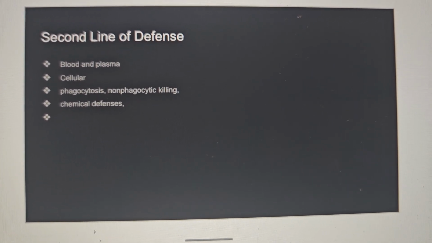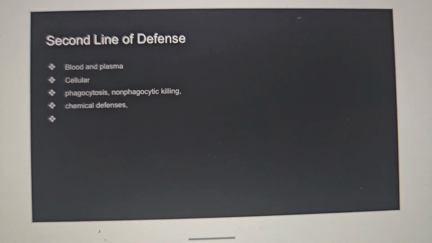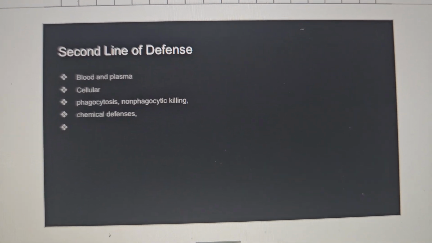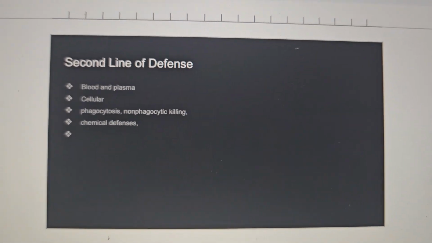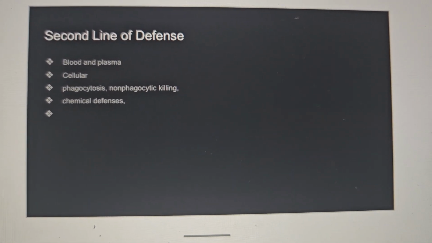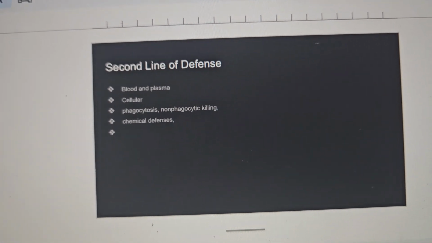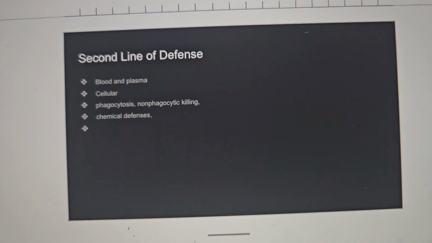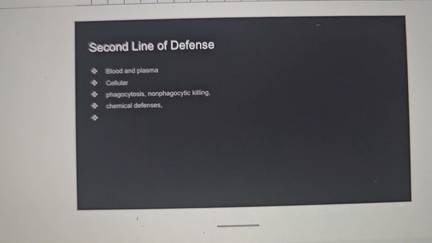Then ingestion, which is the ingestion of the foreign object, phagosome maturation, and microbial killing, where lysosomes start the process of killing. The lysosomes lower the pH and destroy the engulfed microbe.